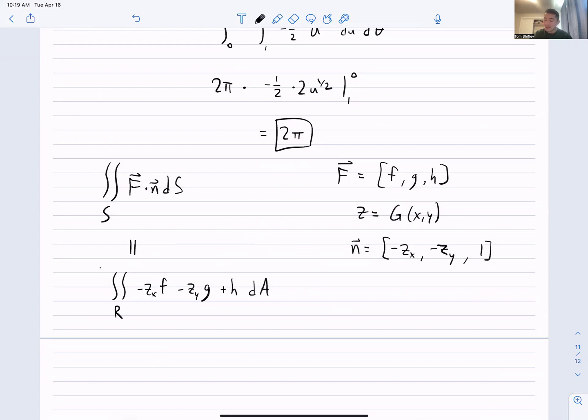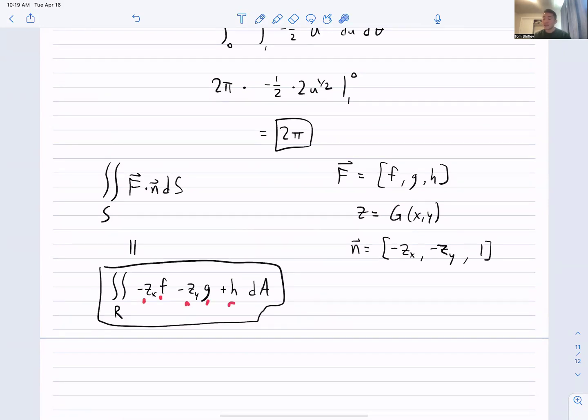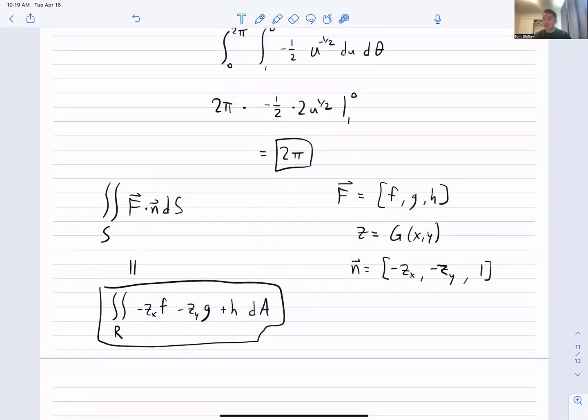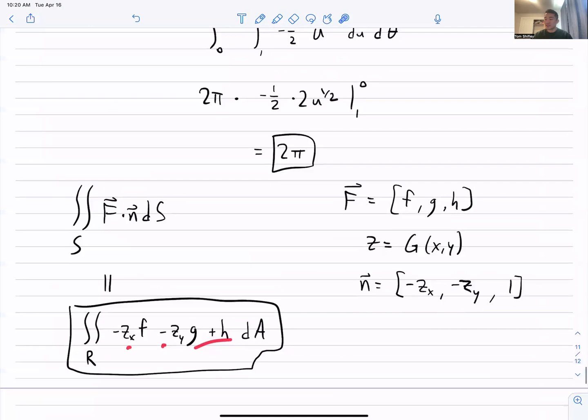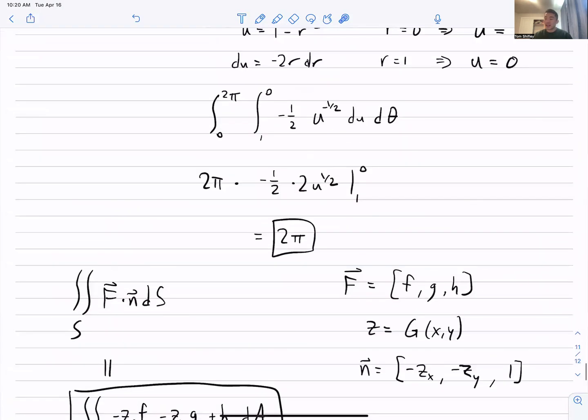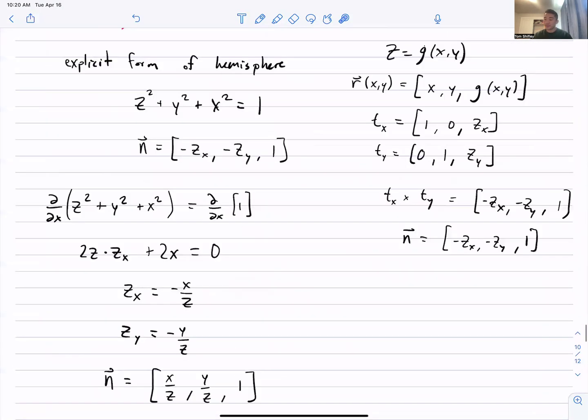And so this is how you would evaluate it, and that's what we just did. And so we computed that and that. And then to actually evaluate it, you need to just make sure that these end up being in the variables that your dA is in. So in this case, we want it in terms of x and y. And so if you have z, you need to rewrite it. That'll come up when we do Stokes theorem in a little bit, but that's how you do that one.